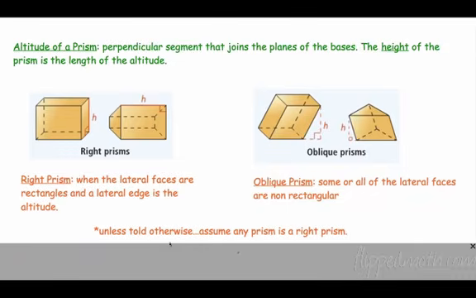The other way you'll know it's oblique is that the lateral faces are non-rectangular. Look at this. Every face here is a rectangle. This little one in here is a smaller rectangle, but it's still a rectangle. These are not rectangles. Yes, they're quadrilaterals, but they're not rectangles. But again, most of the time right now, we're just going to be dealing with right prisms.